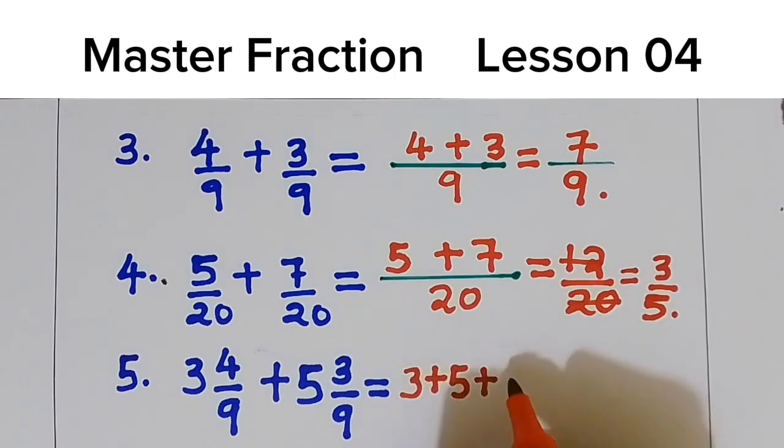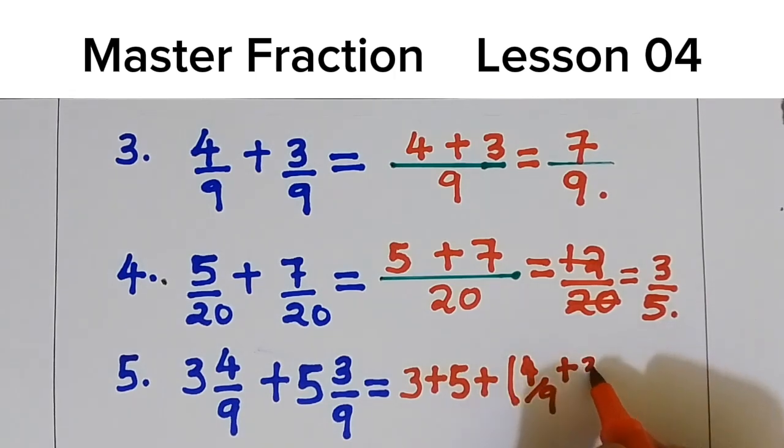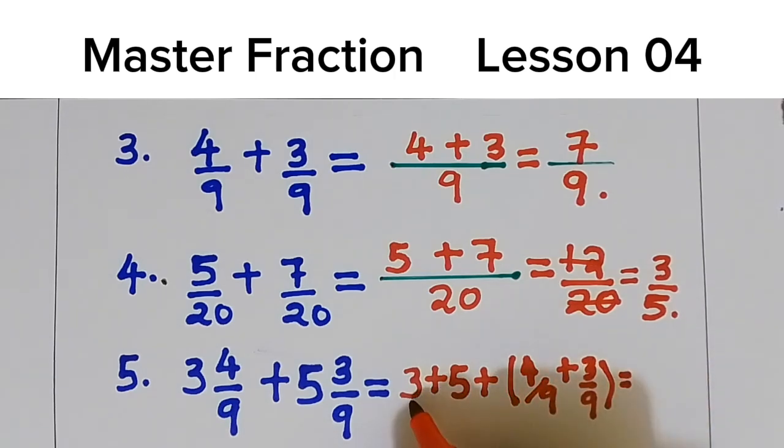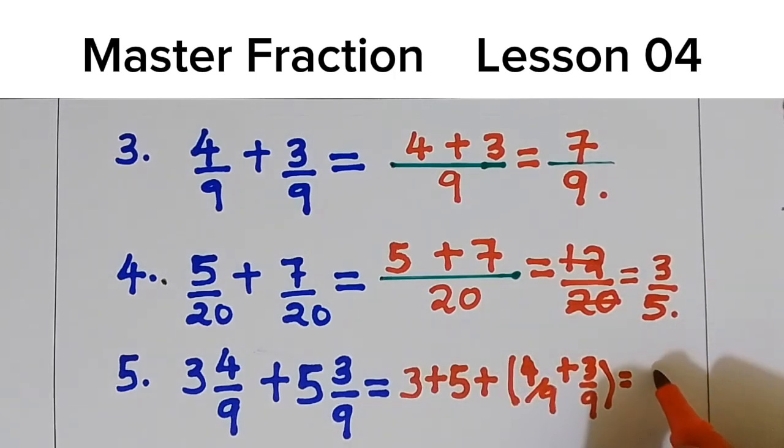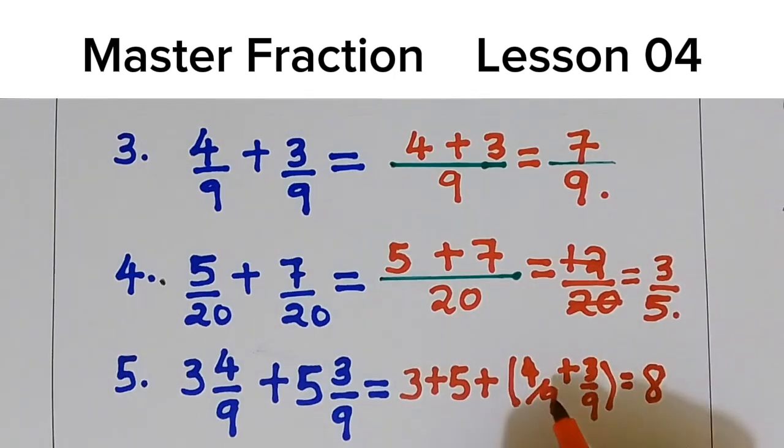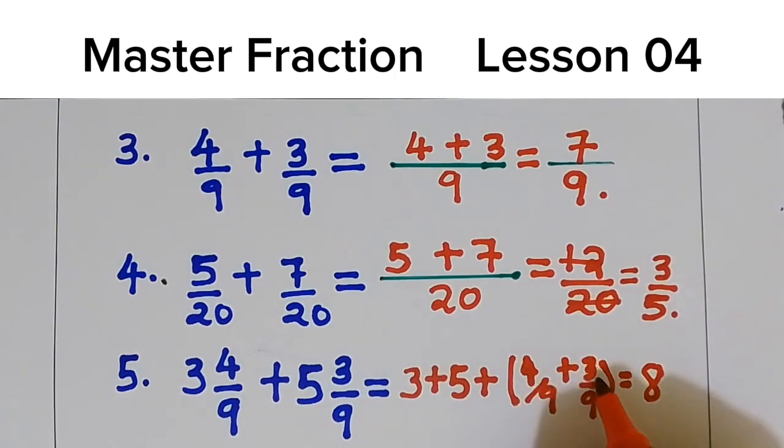Then we are going to add the fraction part, which is 4 over 9 plus 3 over 9. We will get 3 plus 5, we're going to get 8. And the fraction part, 4 plus 3, we get 7. But the denominator will remain the same, that is going to be 9.